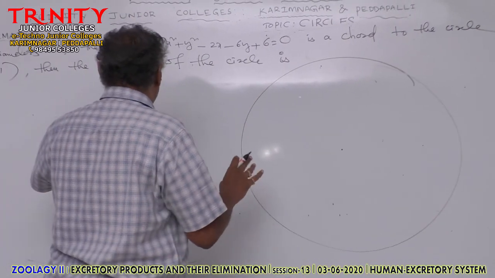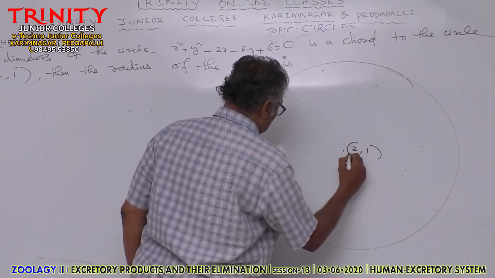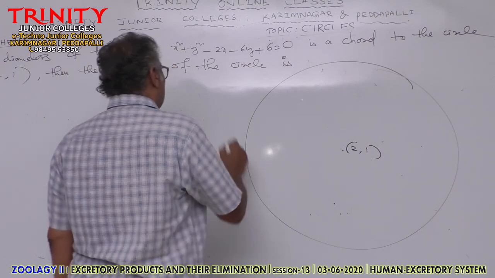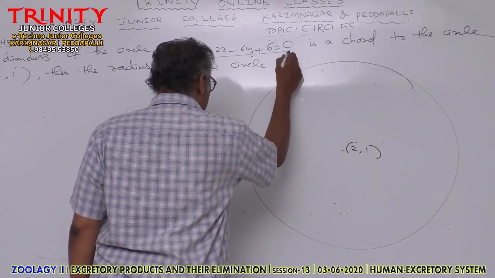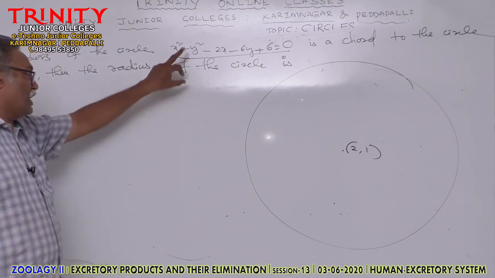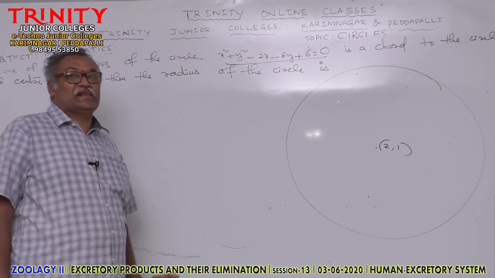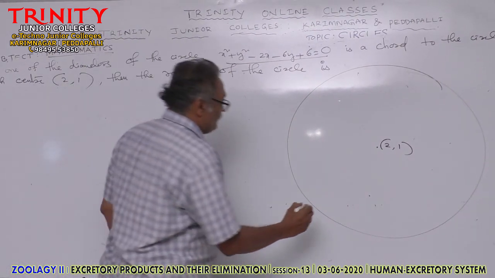Here, center of the required circle is (2, 1). Diameter of this circle is the chord of this circle. Take like this.